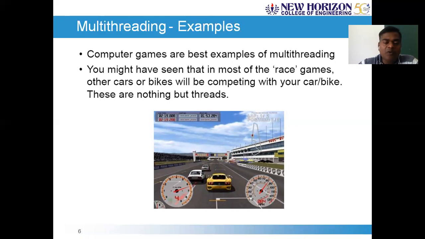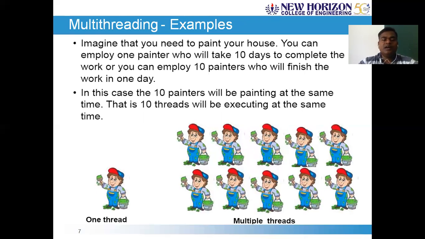If you have multiple vehicles, either bikes or cars, on a track, then the acceleration and controlling of each vehicle, that functionality, remains the same for multiple cars or bikes. The functionality remains the same, and this entire thing together will be a part of the process. And controlling each car will be a thread control, which is the best example we can give for multi-threading.